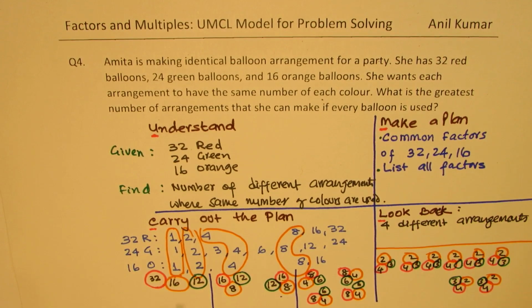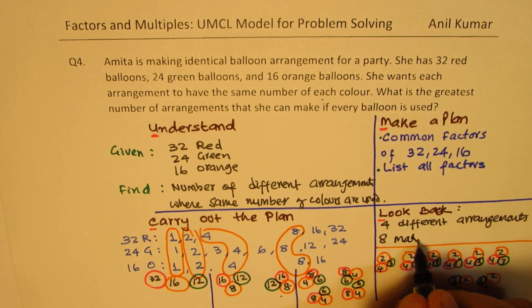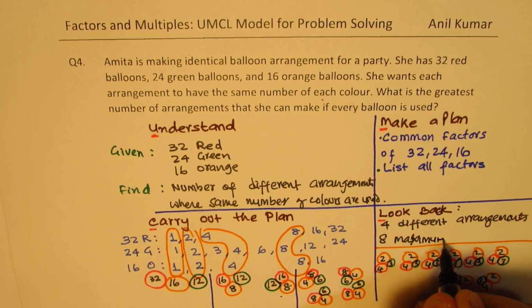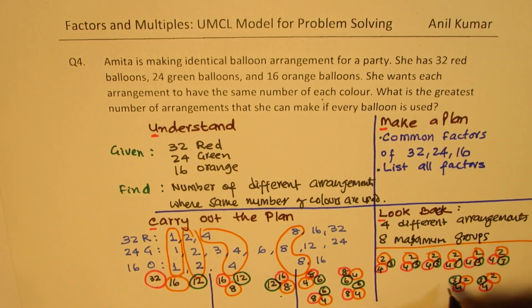Correct? That is one thing. So in which here we have only one way, 2 ways, 4 ways, and 8 ways. So 8 maximum groups as seen here, right? So that is what we could answer in this particular question, right?